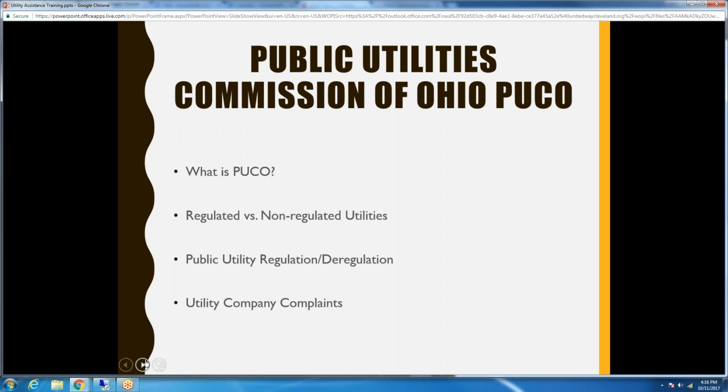At the same time, some cities own and operate their own electric utilities. Notably, Cleveland Public Power and Columbus have their own as well. And then also PUCO receives, investigates, and tries to resolve consumer complaints against regulated utilities. Anybody have any questions about PUCO?